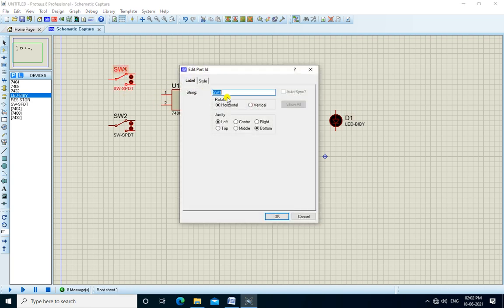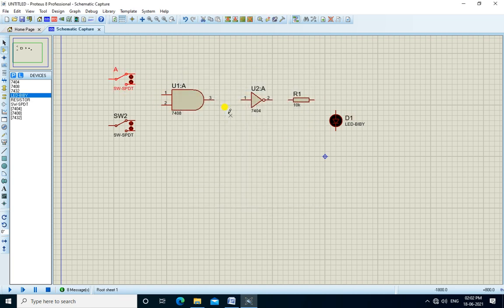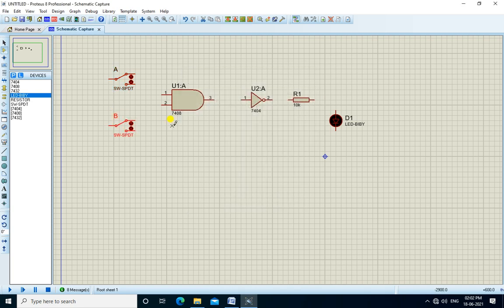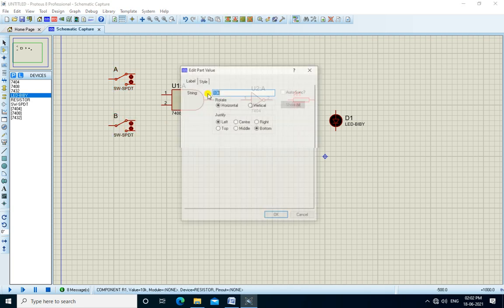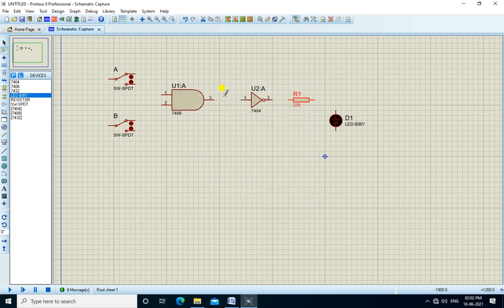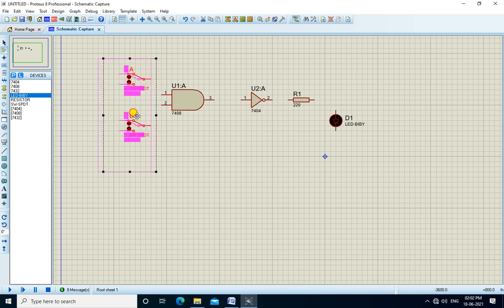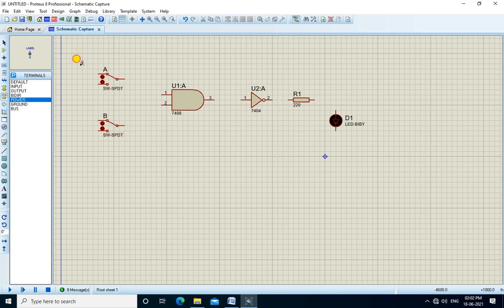We change the name of these two switches to A and B. Change the value of this resistor to 220 ohms. We flip these two switches, then require power supply. So this is plus VCC and this is ground.